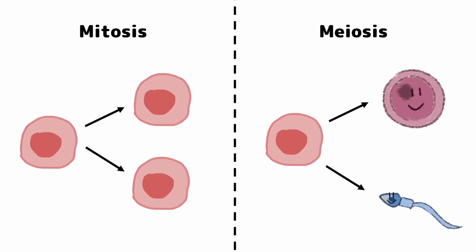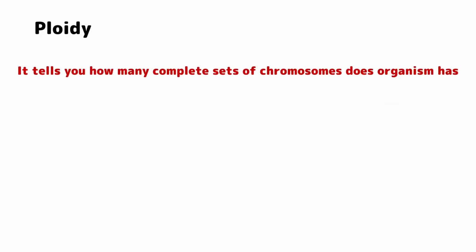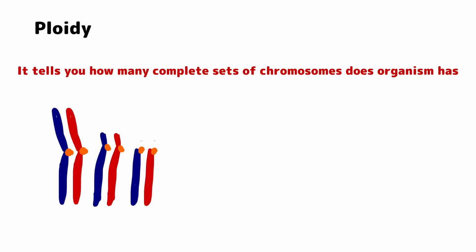To explain meiosis in depth, we first have to check what the ploidy of the cell is. Ploidy tells us how many complete sets of chromosomes an organism has. For example, here it is a diploid set because each distinct chromosome repeats twice.